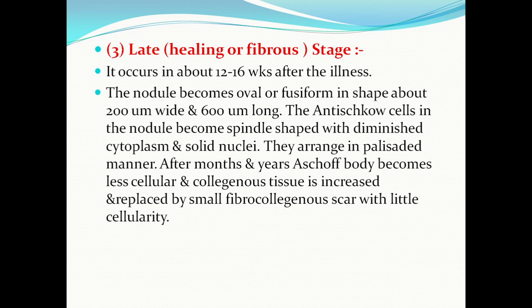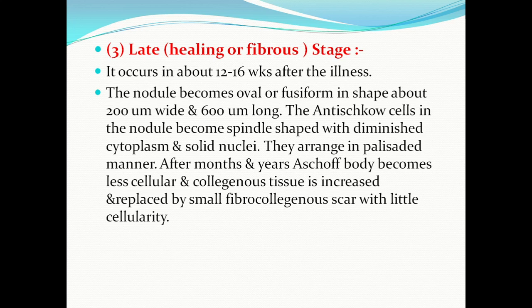The nodules become oval or fusiform in shape, about 200 micrometers wide and 600 micrometers long. And the Anitschkow cells in these nodules become spindle shaped with diminished cytoplasm and solid nuclei. So here the cytoplasm will be diminished. They arrange in a palisaded manner.